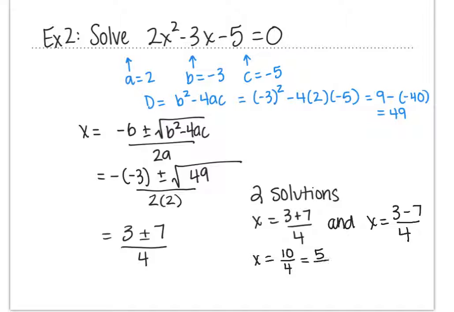And so this simplifies to 5/2. And our other solution, 3 minus 7 divided by 4, you get negative 4 over 4, which simplifies to negative 1. This makes our solution set 5/2 and negative 1.